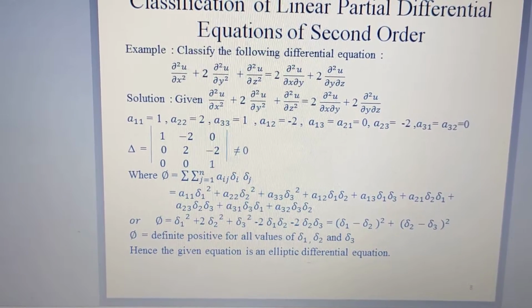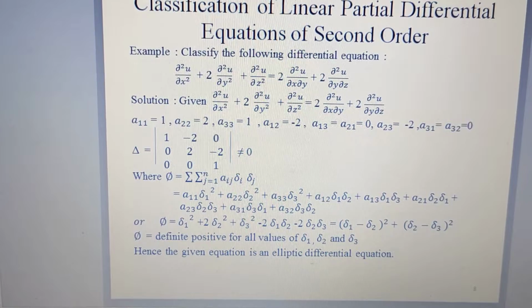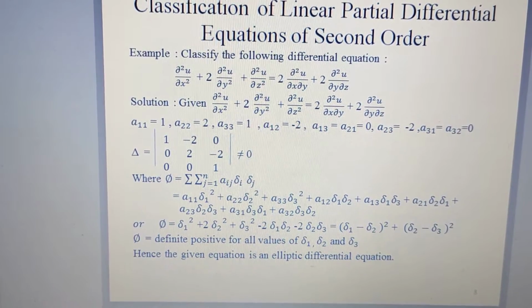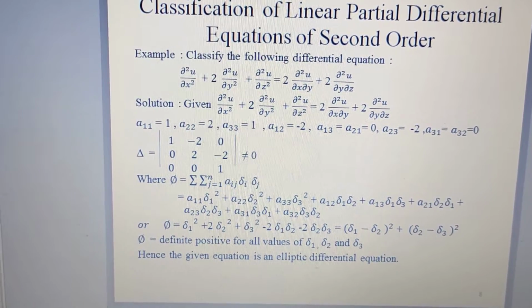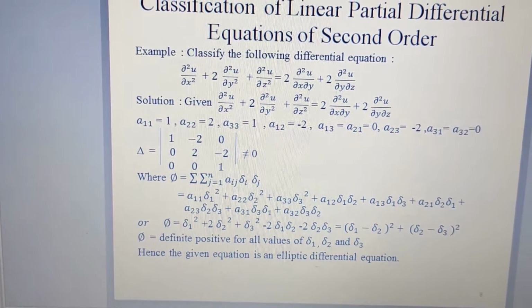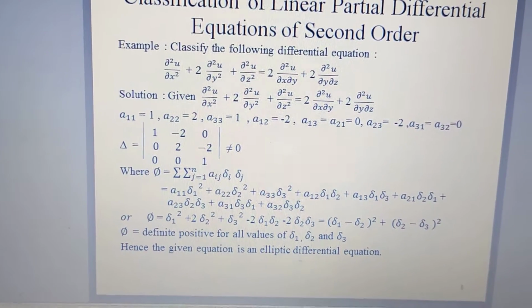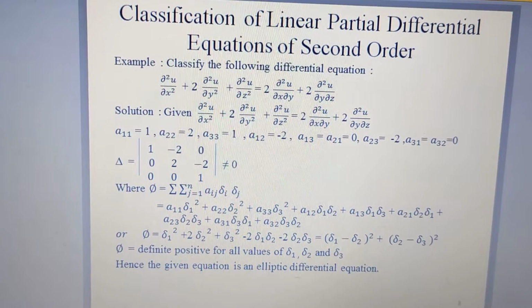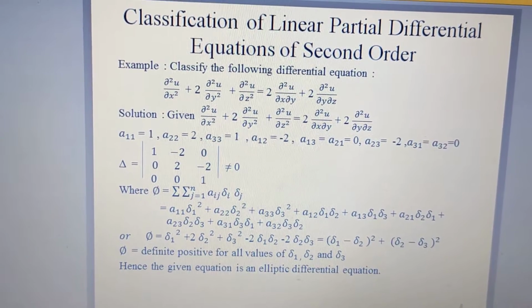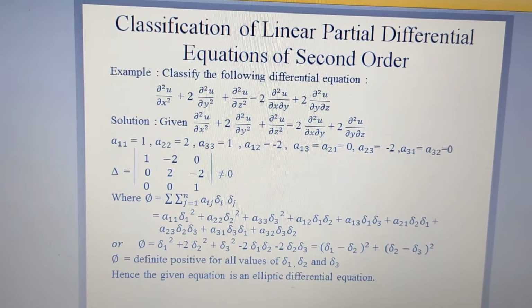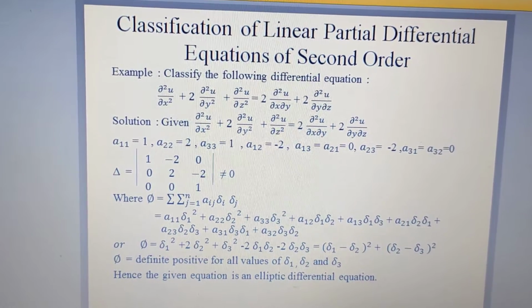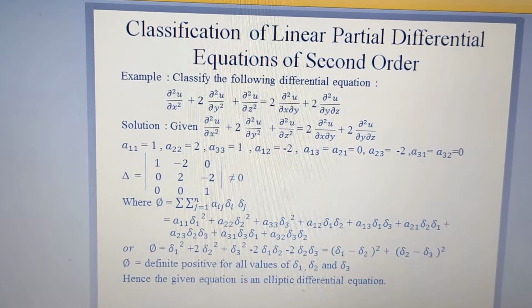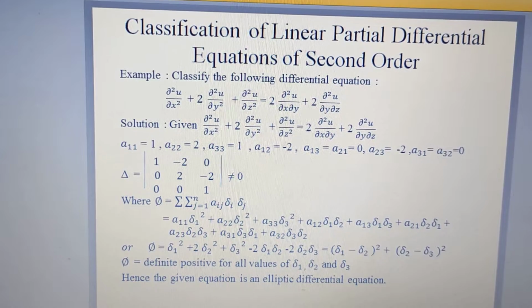On solving it, we have del 1 square minus 2 del 1 del 2 plus del 2 square, that is del 1 minus del 2 whole square, and similarly del 2 minus del 3 whole square. Here del 1, del 2, del 3 may be positive, may be negative, but they are present in the form of a square, so that phi becomes definite positive for all values of del 1, del 2 and del 3.